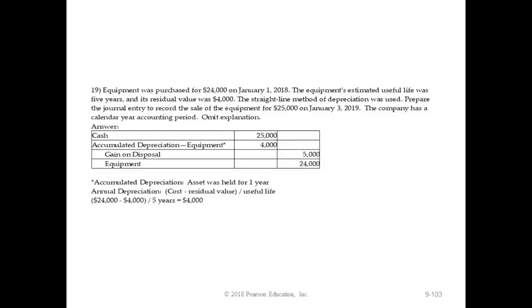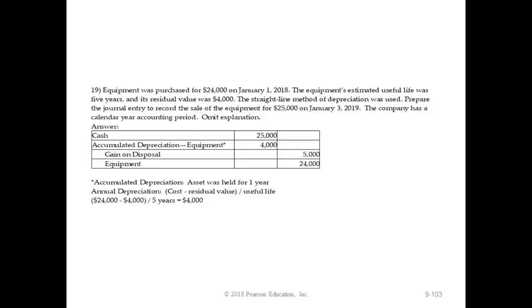But I've got to figure out what my book value of this asset is. Now, it says here that the item was purchased for $24,000. My residual value is $4,000, so my depreciable cost is $20,000. We'll divide that by the useful life of 5 years. So we're getting an annual depreciation of $4,000 a year.